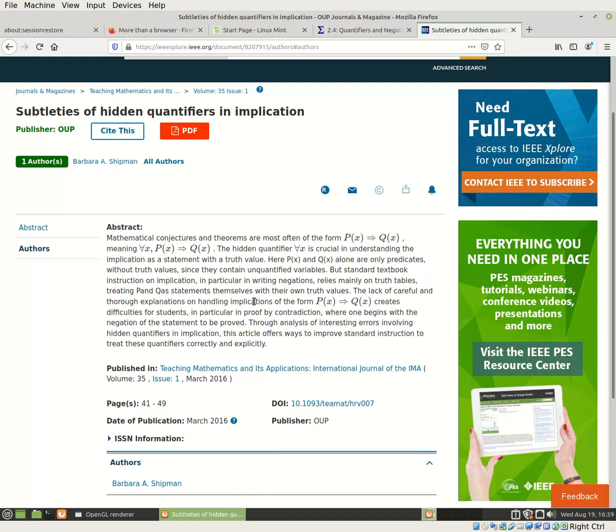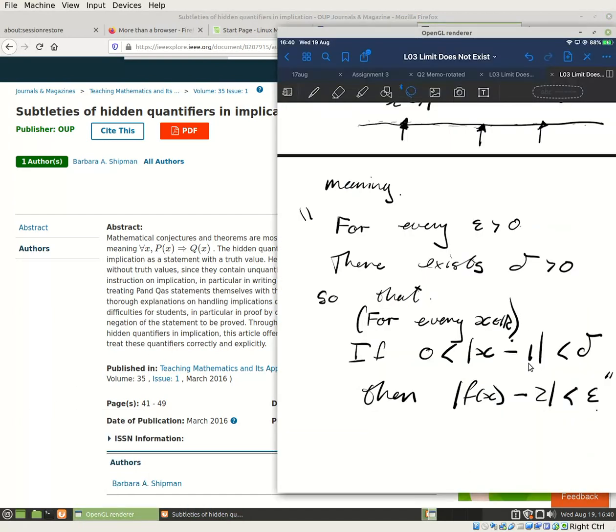for every x in the real numbers, if x is within a delta distance of 1, then f of x is within an epsilon distance of 2.